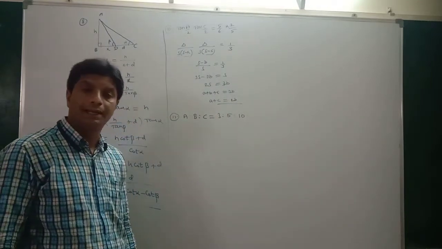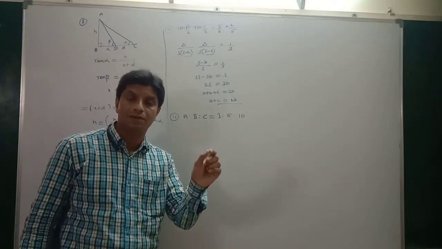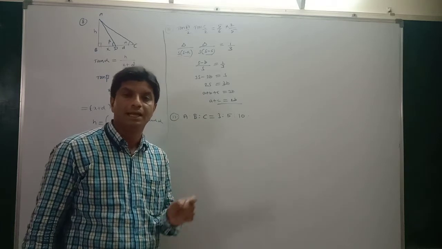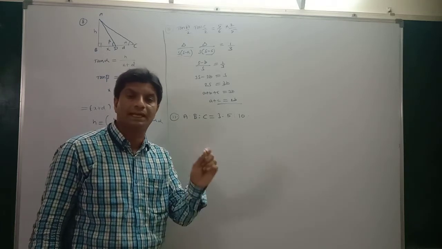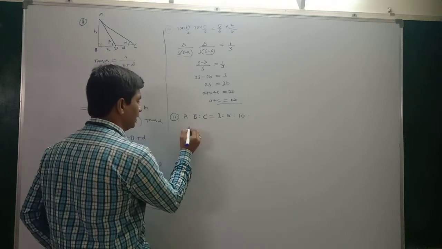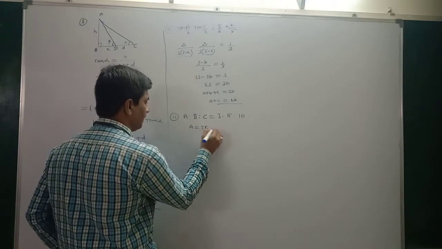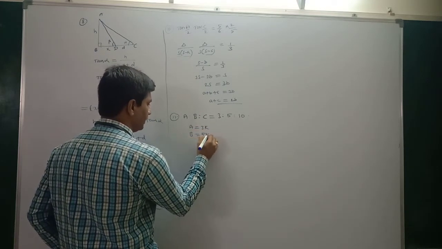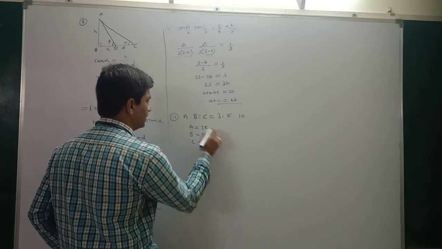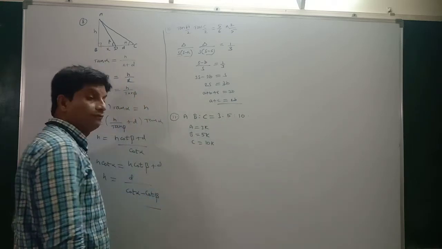Already we know in any triangle the smallest side is always opposite to the smallest angle, the greatest side is always opposite to the greatest angle. Let us take the proportion here. Let us take A equal to 3k, B equal to 5k and C equal to 10k because the given proportion is 3 is to 5 is to 10.